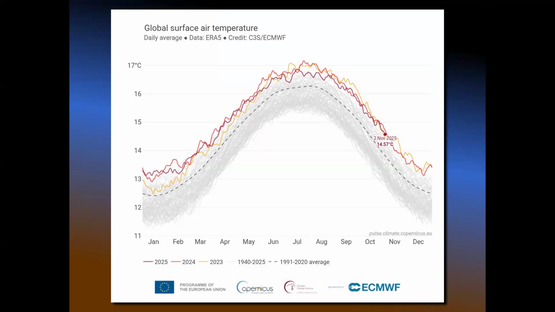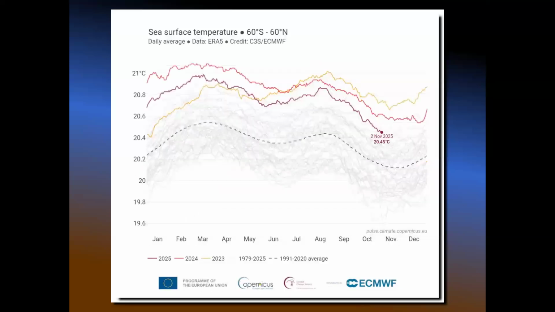The warmest year on record was, I'm drawing a blank, I think it was 2024. And then the next warmest year was 2023. I'm not going to test you on that yet, but we're going to talk about it in the next lecture. And so it's looking like 2025 so far is keeping pace with those two warmest years on record. That's what we're seeing here.